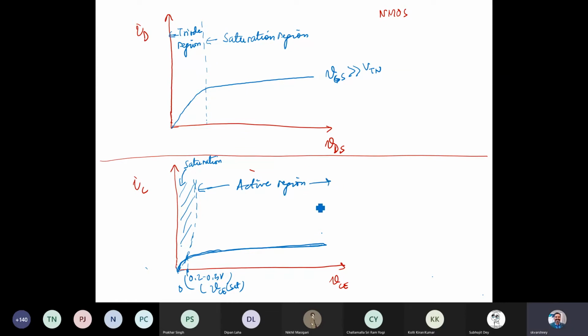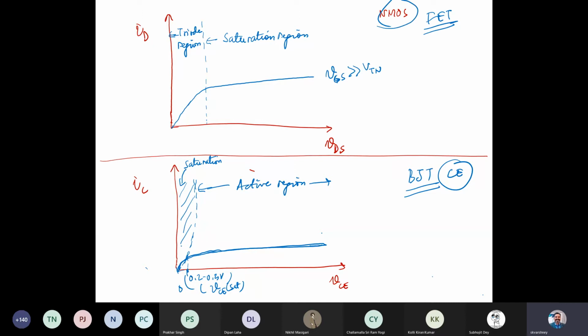Basically, the device that we use for an amplifier, we use in this region. This is for the BJT common emitter, and this is for the MOSFET, a FET with NMOS configuration.